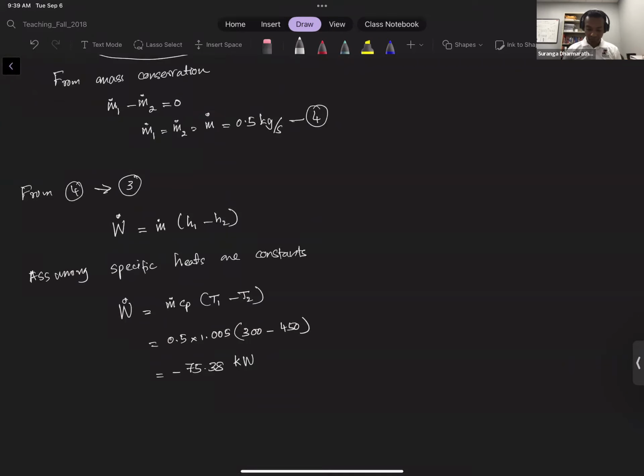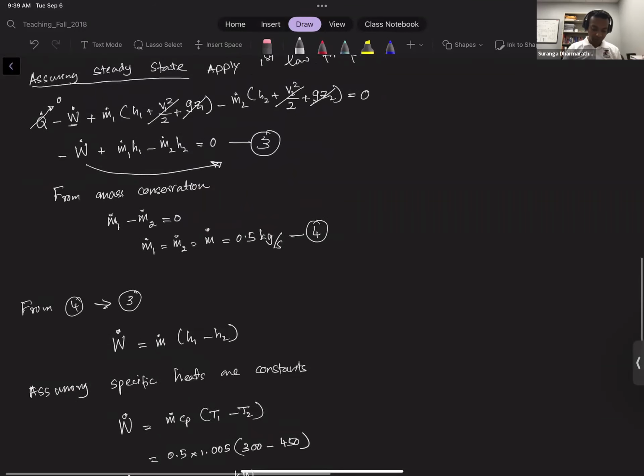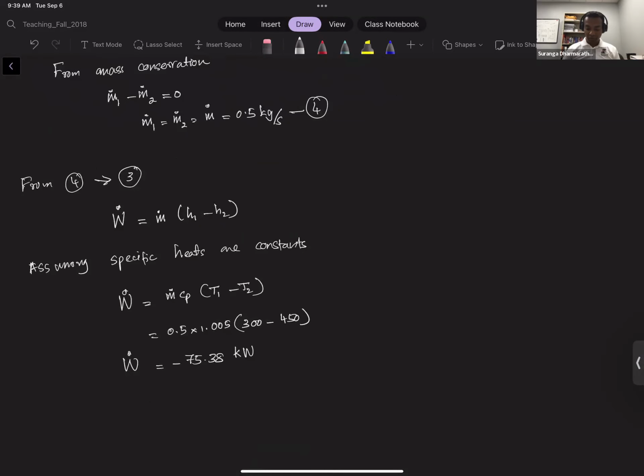kilowatts, right? Why do we have a negative number? The term W dot in this equation is work output. In this case, we get a negative work output. That means this is work input.